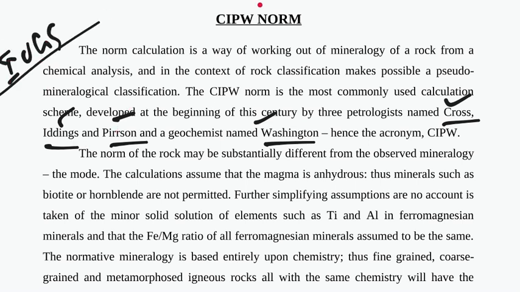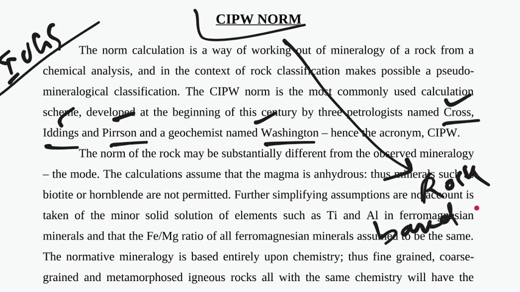Okay, after IUGS classification, this CIPW norm is also followed. Okay, what actually does CIPW norm indicate? It calculates, or it defines a rock based on the presence of oxides.